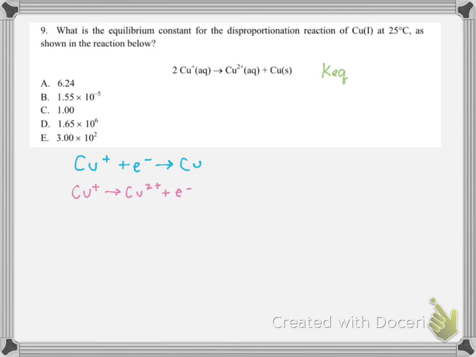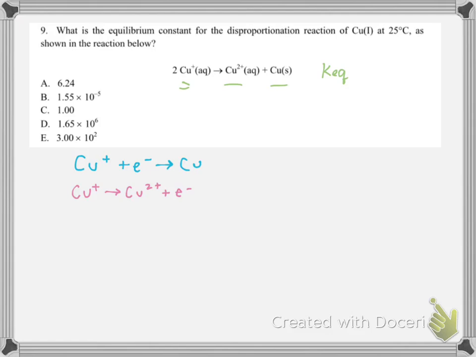So we have this reduction where copper plus gains an electron to become copper solid, and we also have it for when the copper plus loses an electron, it's oxidized to copper 2 plus.